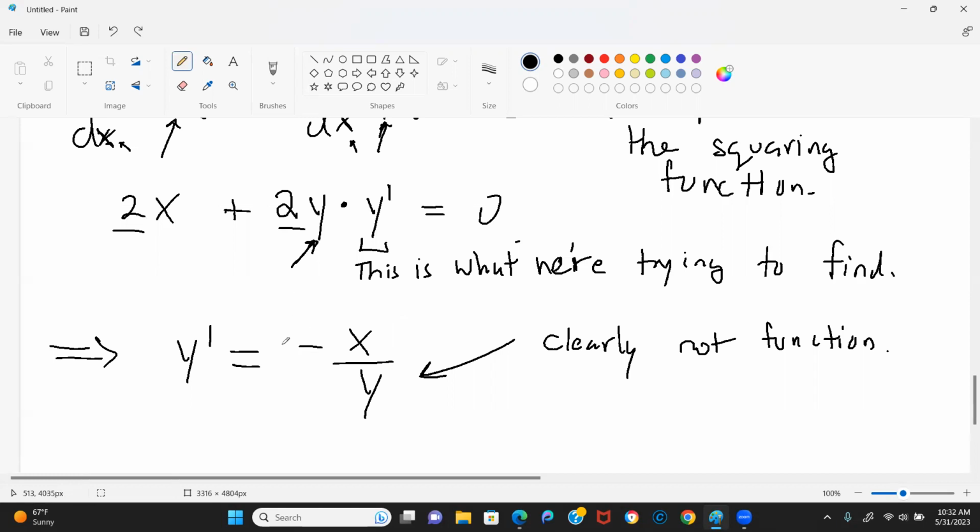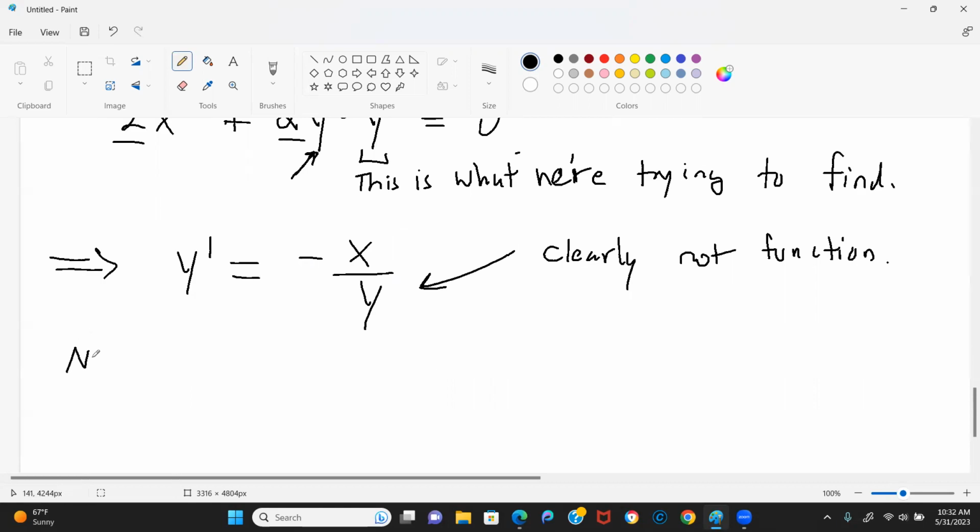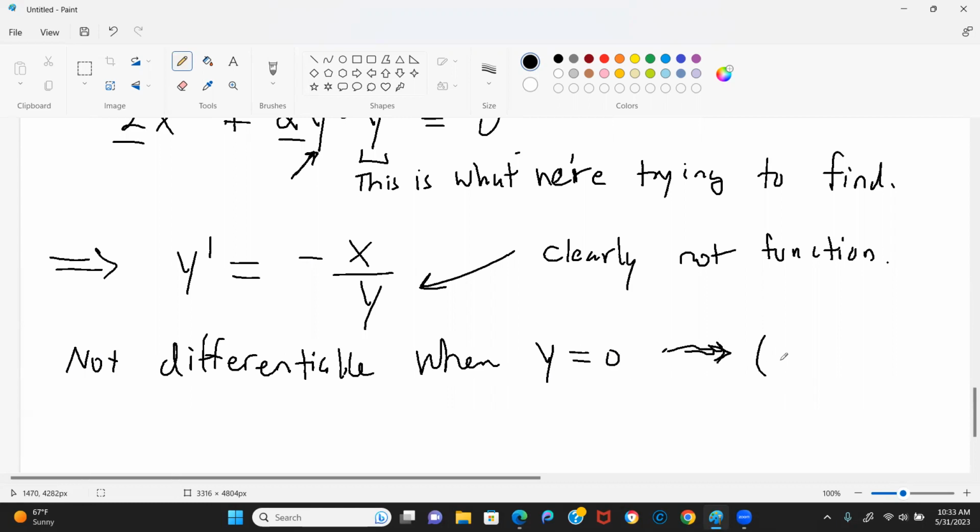But notice exactly where we're not differentiable. We're not differentiable when y is equal to 0, right? So that corresponds to what points? -1, 0, and 1, 0.